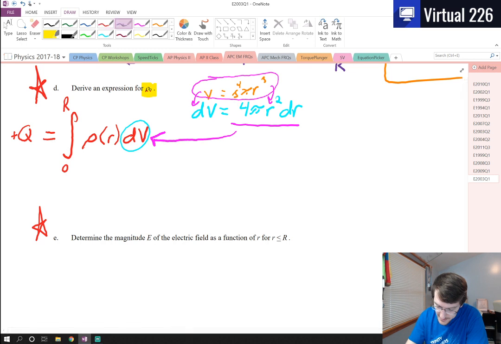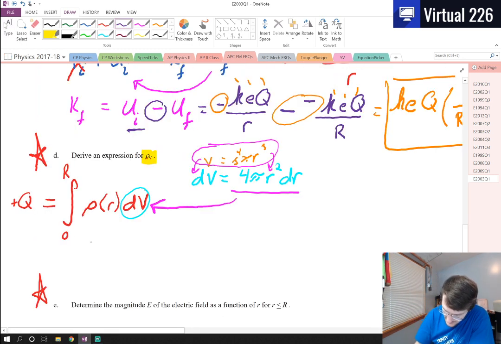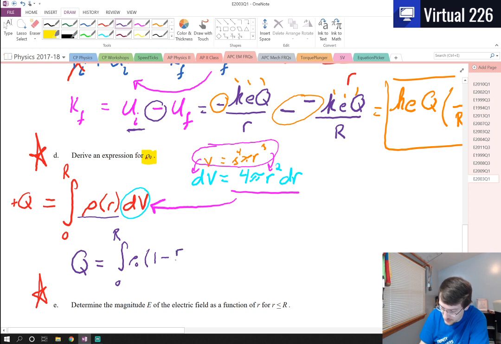So let's write this out and see what happens here. We're going to have q equals the integral from 0 to r of our function, rho of r, which is rho naught times the quantity 1 minus little r over big R, dv, which is actually 4 pi r squared dr. That's what we need to integrate.